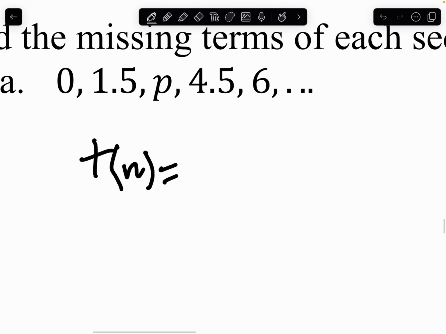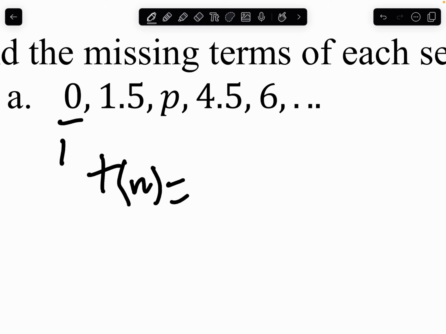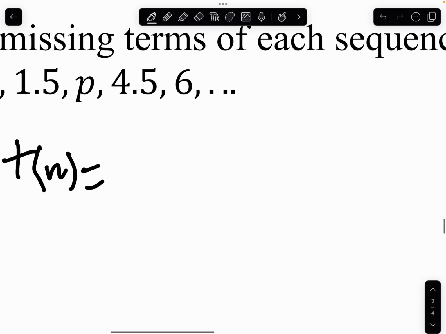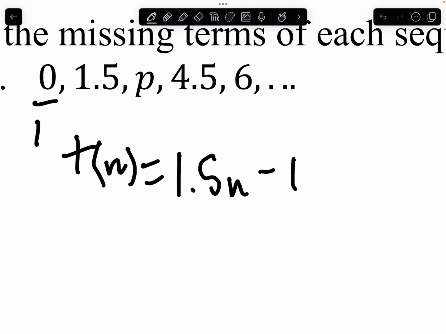This is going to be, 0 is our first term. So to get our 0 term, or our y-intercept I like to call it, we're going to subtract 1.5. So 0 minus 1.5 is negative 1.5. So we'll do 1.5n minus 1.5.